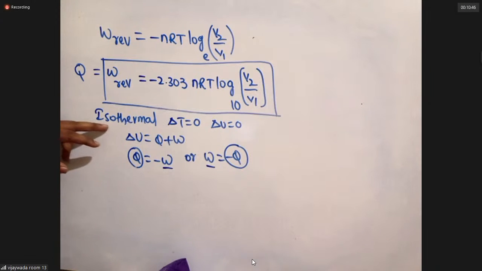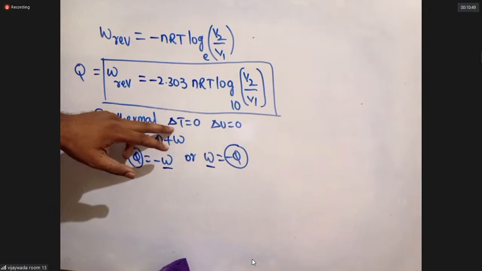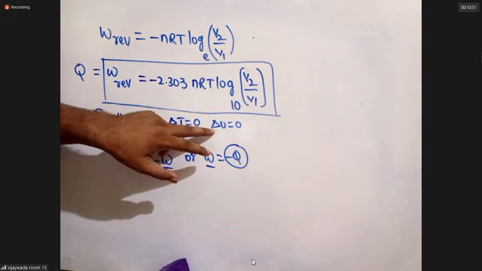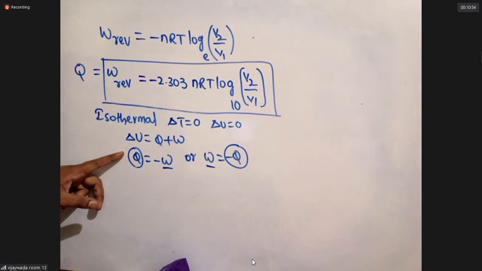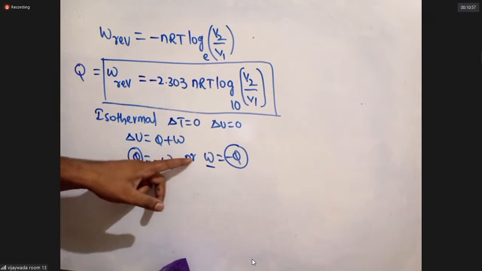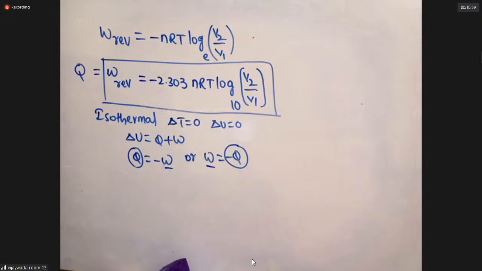Reason: we are doing an isothermal process, so delta T equals 0, internal energy change is 0. The first law of thermodynamics converts into Q equals minus W or W equals minus Q. So this equation we can use for Q also. So here W reversible is negative; you can keep it negative here. W reversible is positive for minus Q. So this is the equation for minus Q. Got it?